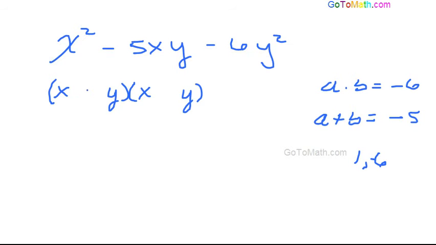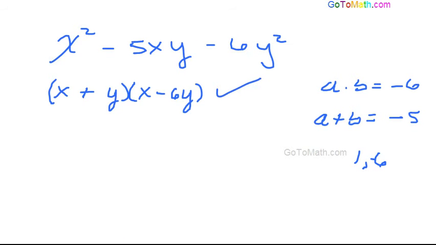Okay, so we'll let this be the 1. We'll put the 1 here, even though we're not going to write it. 1 times y is y, and then we'll say minus 6 over here. How's that? So x times x is x squared, then you have x times negative 6y, plus y times x, that's going to give us negative 5xy, and then y times negative 6y is negative 6y squared.